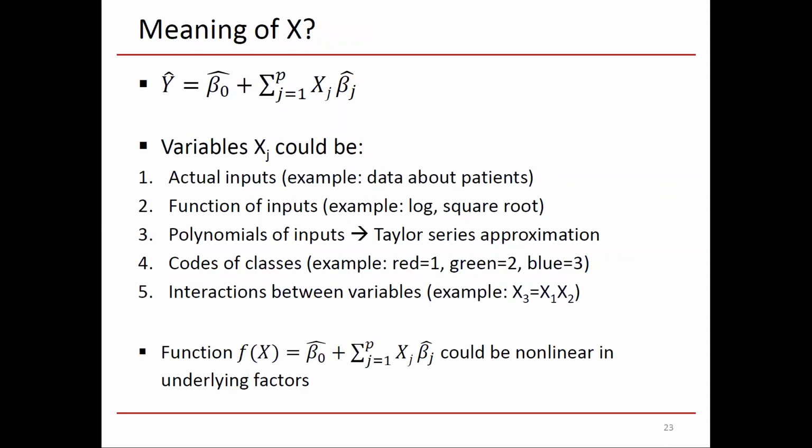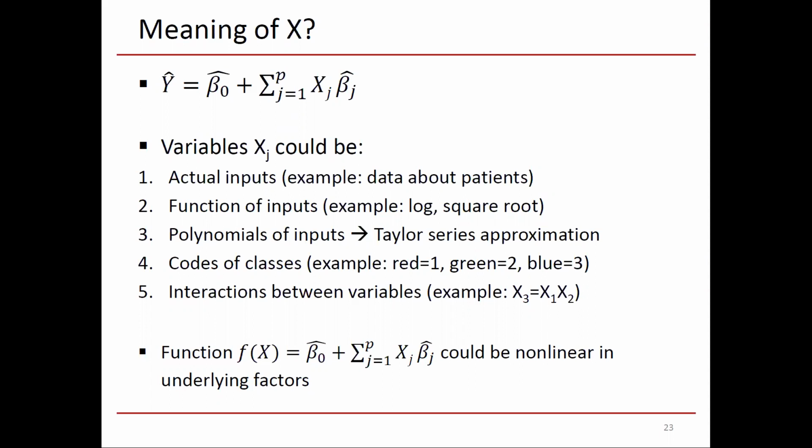Okay, so let's pause and ask ourselves, what's the meaning of x? Again, y hat is a linear combination of xj multiplied by coefficients beta hat j. Recall, this is a model. Because this is a model, the xj's are explanatory variables, and the beta hats are coefficients that might explain how the x's relate to y.